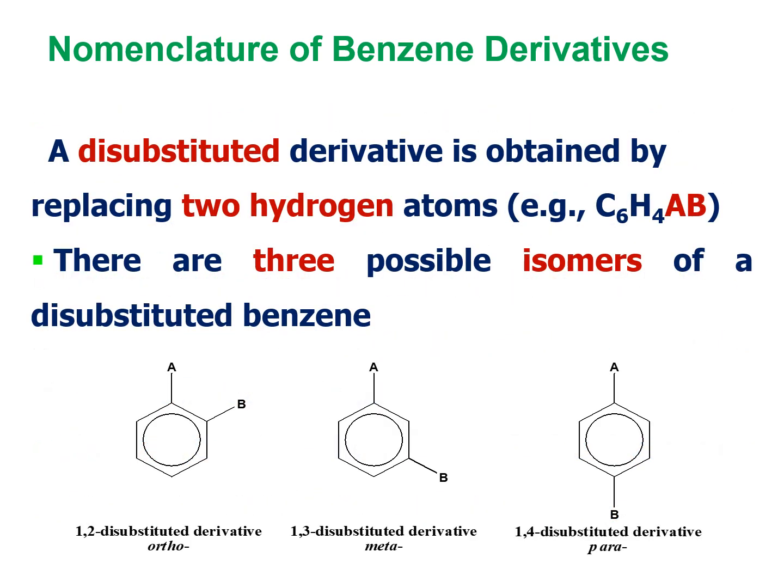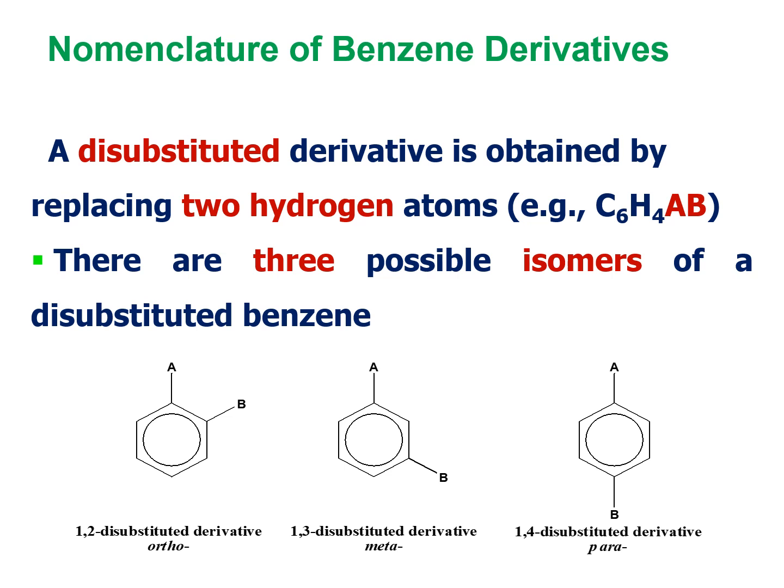Benzene can also be disubstituted, meaning that 2 hydrogen atoms have been replaced. In disubstitution, we have 3 isomers: ortho, meta, and para. In the benzene ring, position 1 and 2 is equivalent to position 1 and 6. Position 1 and 3 is equivalent to position 1 and 5.